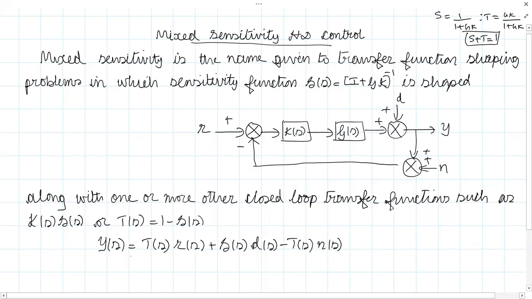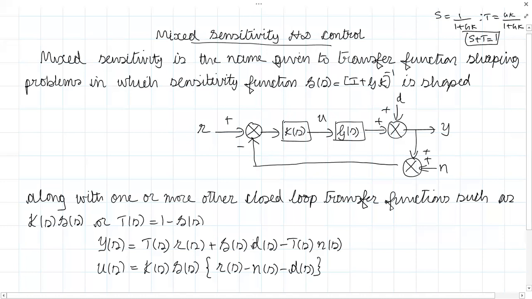And what was the control signal U of S? It was K of S into sensitivity, all into R minus noise minus disturbance. We had discussed sensitivity and complementary sensitivity some time back.